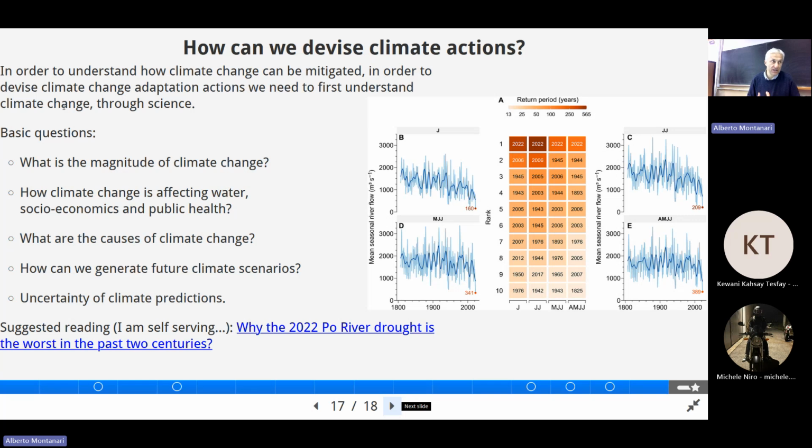What this means, in poor words, is that the flow of the Po River increased in spring and decreased in summer. Why? Because there is anticipated snowmelt over the Alps, and there is more rain during winter and less snow. And therefore, we get anticipated snowmelt and more rain, which means an increase of river flow during winter.